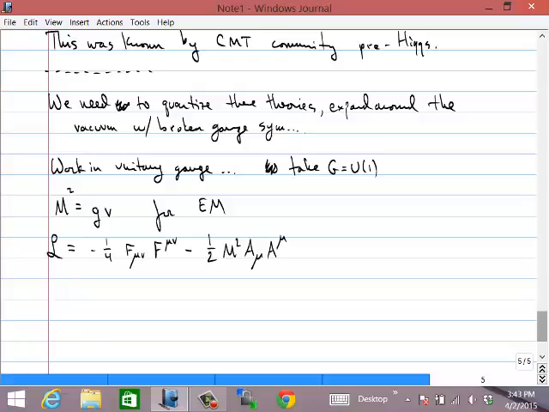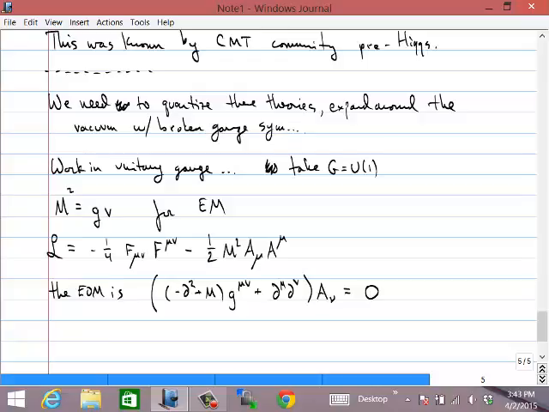So just to work this out a little bit more explicitly, what is the equation of motion? Well, you have a kinetic term, and the equation of motion says that that kinetic term acting on A has to be equal to 0.